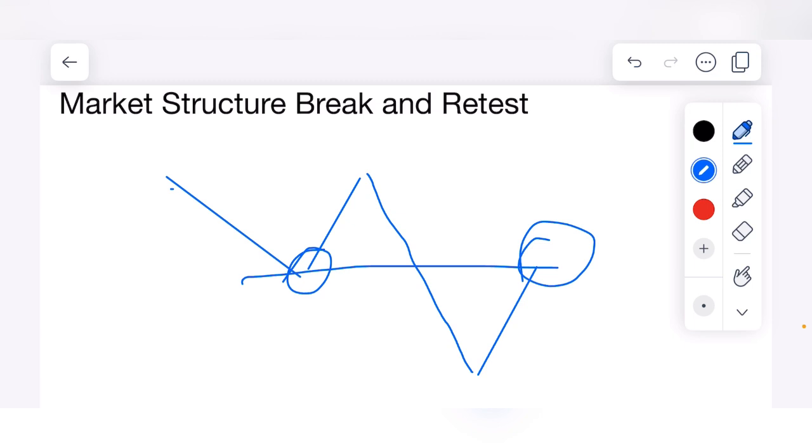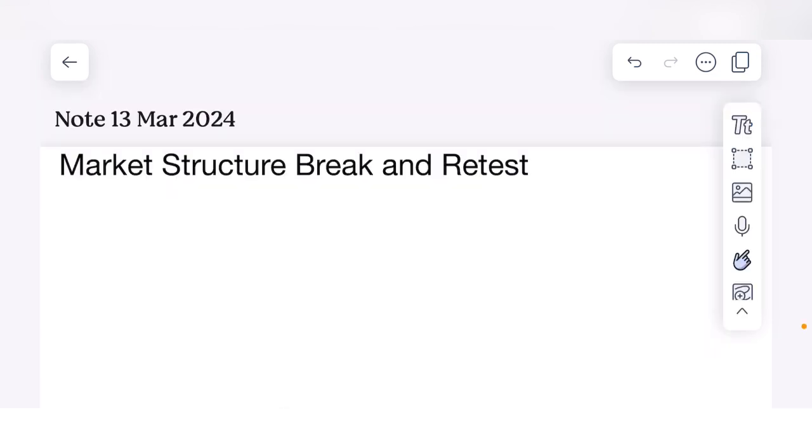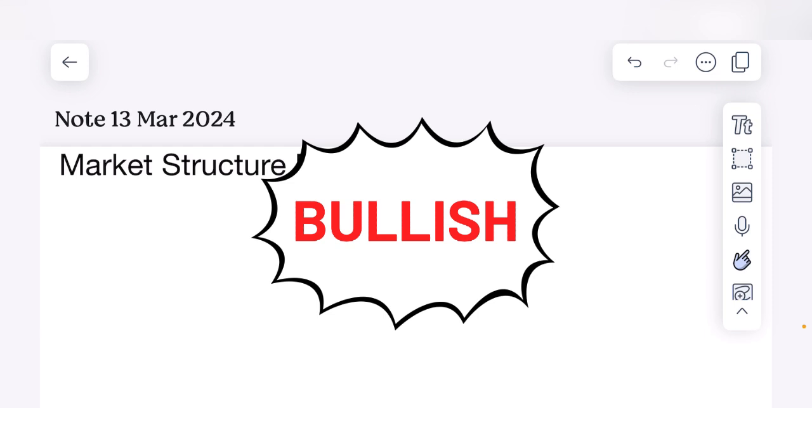Let's take an example on a bullish market and see how you take a trade in such situations: the confirmations, and the things you have to look out for before taking a trade.